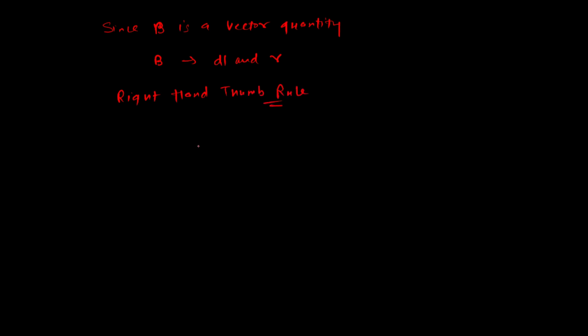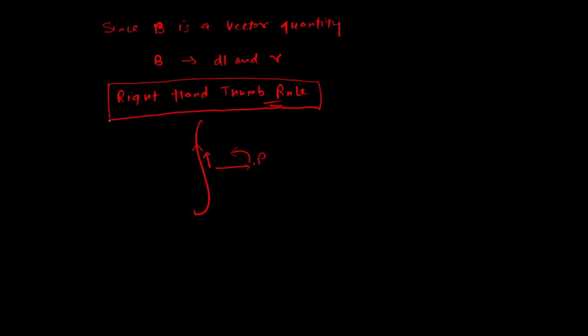According to this rule, if we have a current carrying conductor and we put our thumb in the direction of the current and the fingers point towards point P, then the direction of our curled fingers will give the direction of the magnetic field. That is the rule which we can use to find the direction of magnetic field.